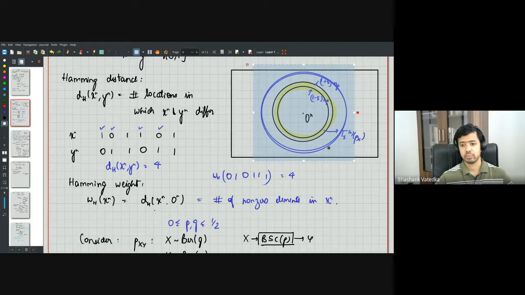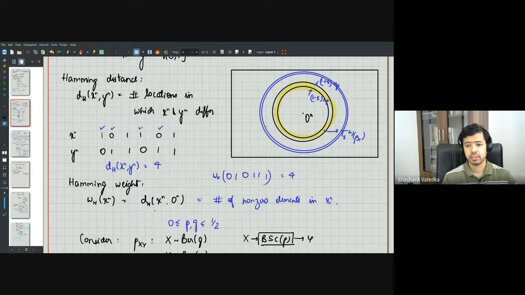Geometrically, it's going to lie in another thin shell. So all the yn's are going to lie in this thin shell.